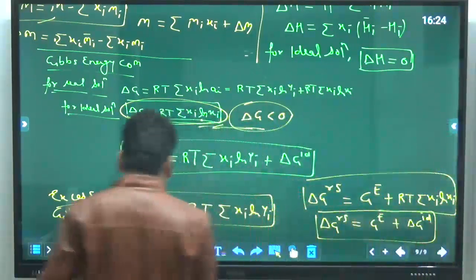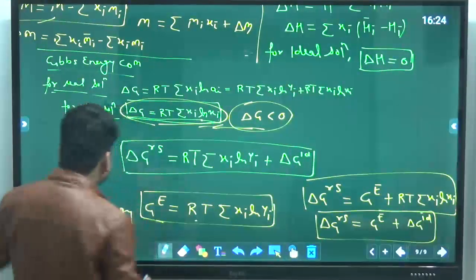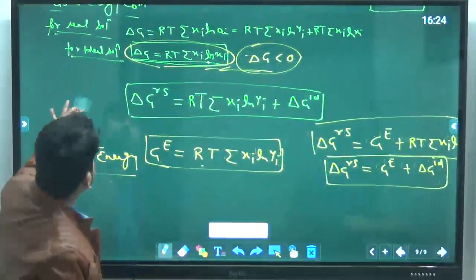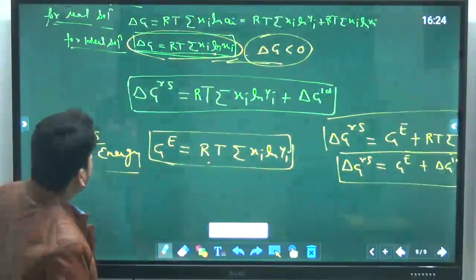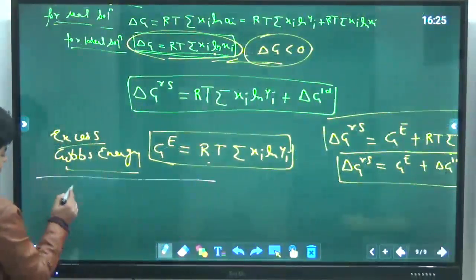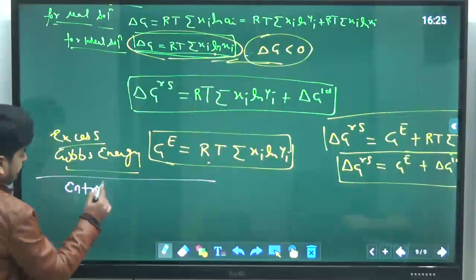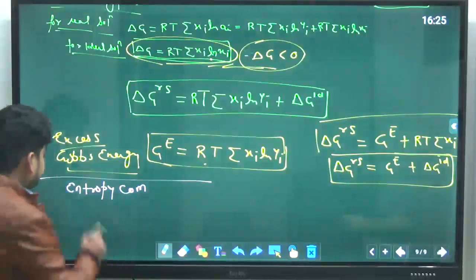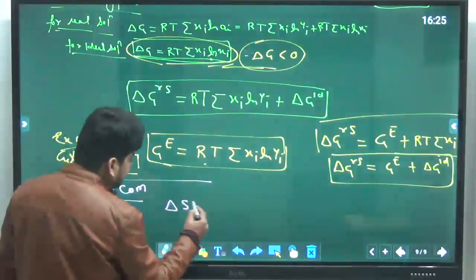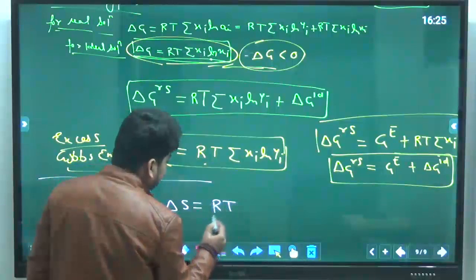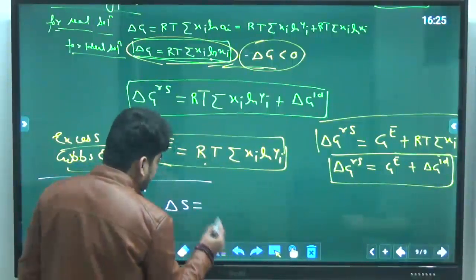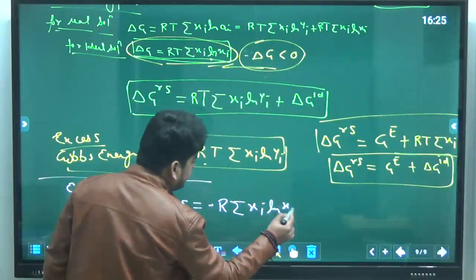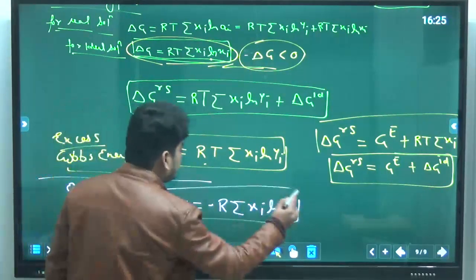Okay, similarly there is one more thing, that is entropy change of mixing. So entropy change of mixing we can calculate as delta S is equal to minus R summation of Xi ln Xi.